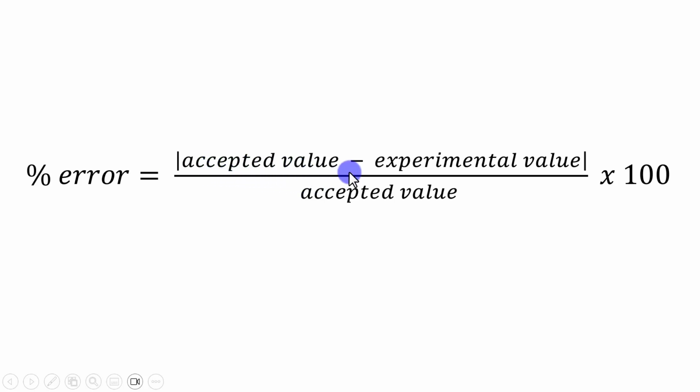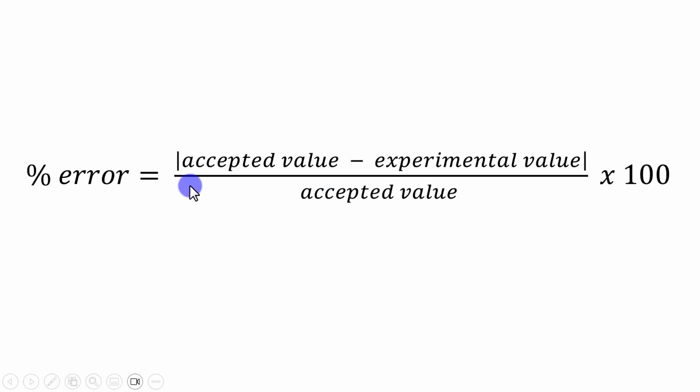These are values that you can find from the internet. Do a simple search on the spectral line values of hydrogen and mercury in nanometers, and you will get those values. Match them as closely as you can with your experimental values that you calculated, and then you will do this percent error calculation.